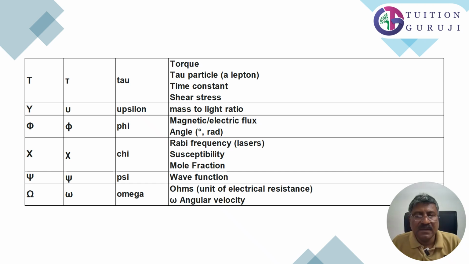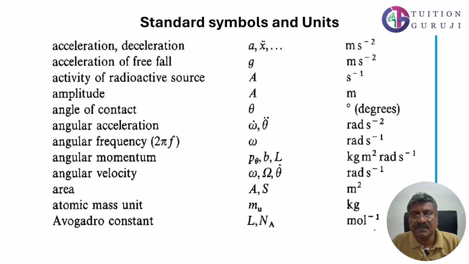Phi is a magnetic or electric flux, and it is also used for angle. Chi is Rabi frequency, susceptibility, mole fraction. Psi is used for wave function. Omega is used for, capital omega is used for ohms, and the small omega is angular velocity.